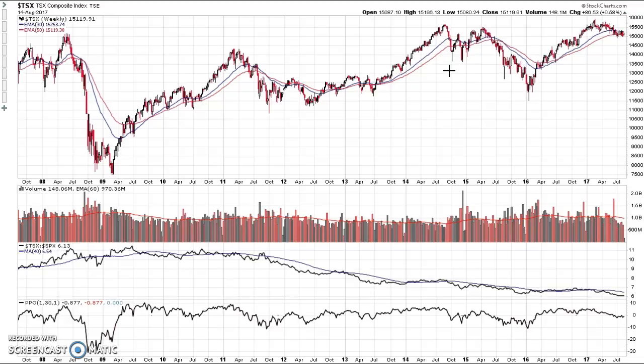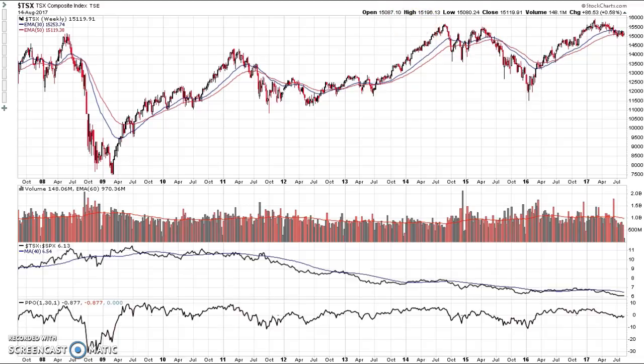Now, this leads you into understanding that the makeup of your index can help you determine whether it's going to be in a sustainable bull market or not. And the TSX is very heavily influenced by commodity sectors. So when the collapse in the price of oil happened in 2014, it really had a negative impact on the TSX.